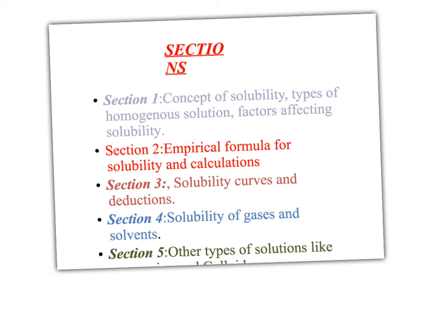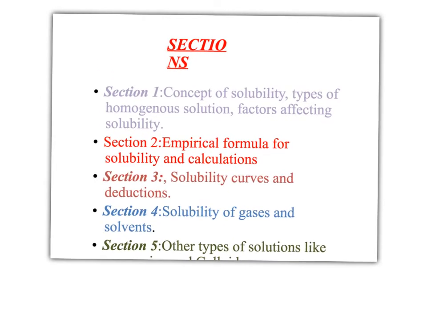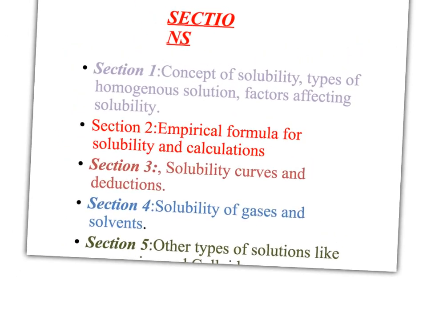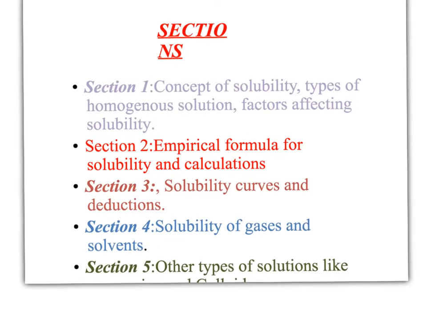Section 3 deals with temperature and solubility curves, how we can deduce them. Section 4, we have solubility of gases and solvents. And then the last section, other types of solutions, like you've heard us mention the true solution, the false solution, suspension, etc.